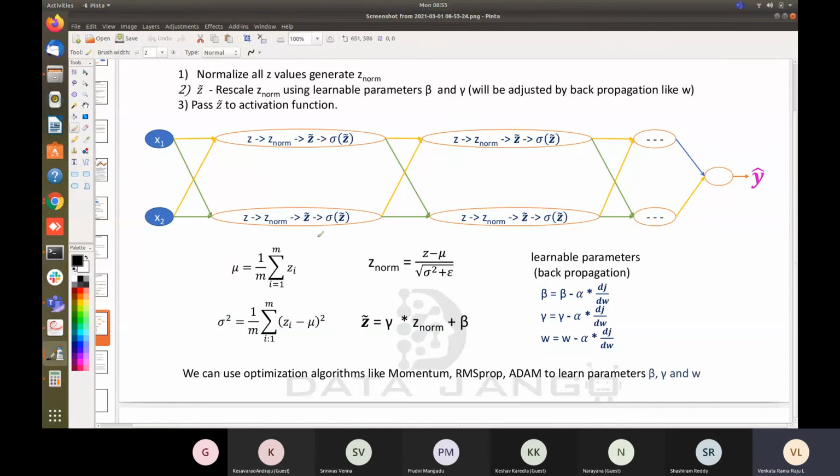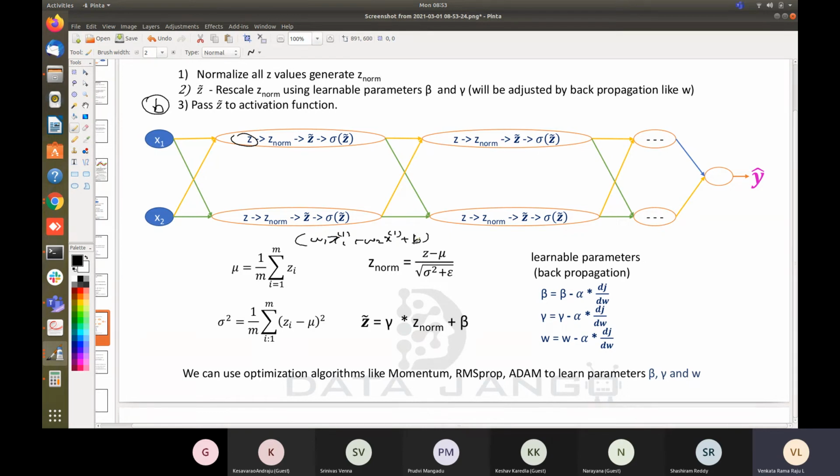Suppose that you passed B also. So Z is going to be W1 X1 plus W2 X2 plus B. Maybe I'll put one here. That is the first record.